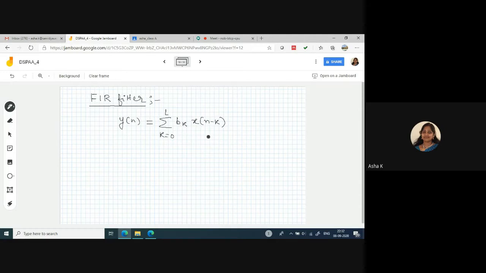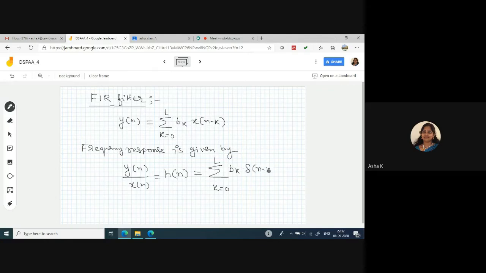The frequency response of this particular filter is given by y of n by x of n, that is equal to h of n, that is equal to summation k equal to 0 to L of bk into delta of n minus k.